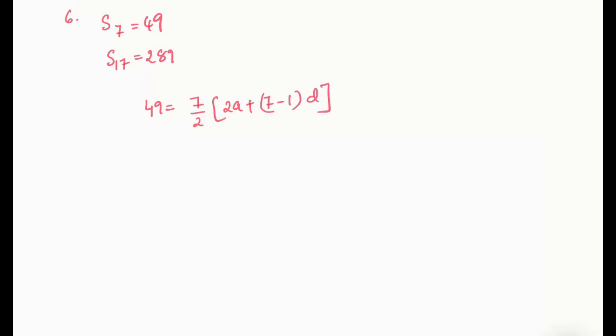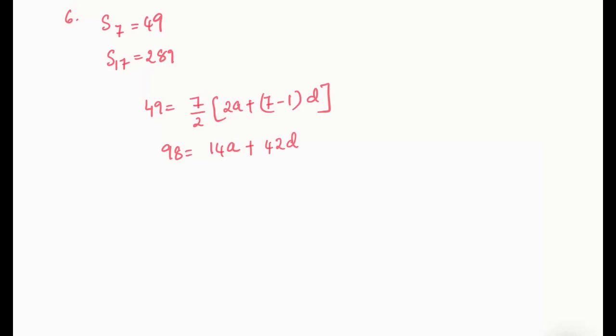So 49 twos are 98 equals 7 into 2a, that is 14a, plus 6 into 7, that is 42d, right? Are you getting it?